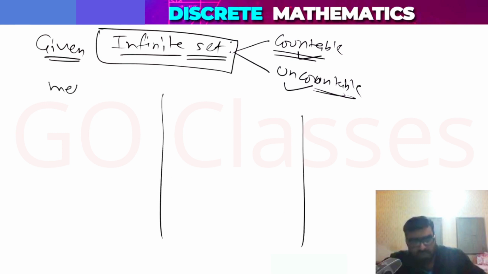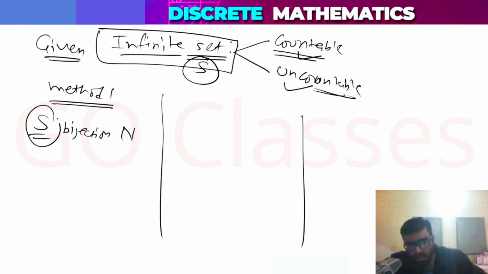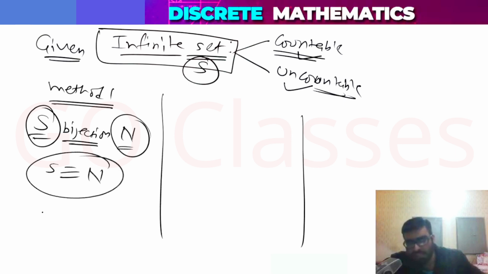Method 1: let's assume you have an infinite set S. If you can show a bijection from set S to the set N of natural numbers, basically a one-to-one correspondence, then we can say that S is countable.